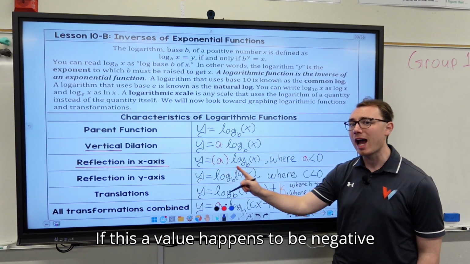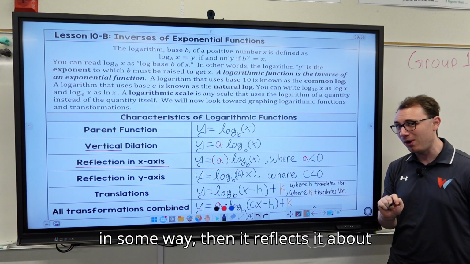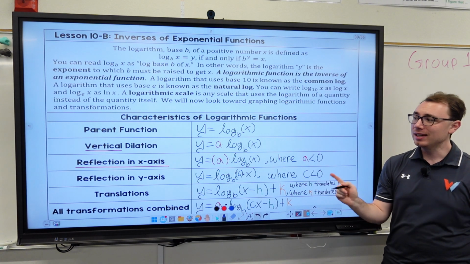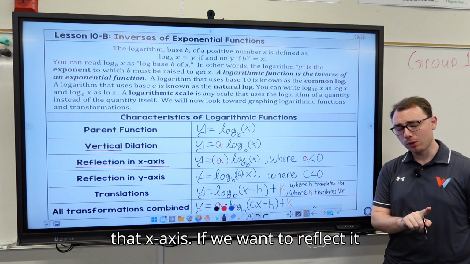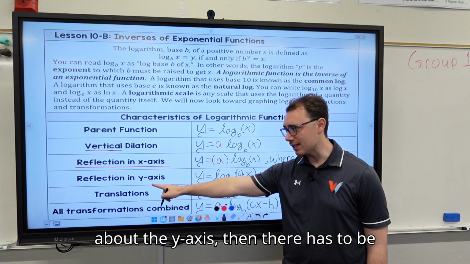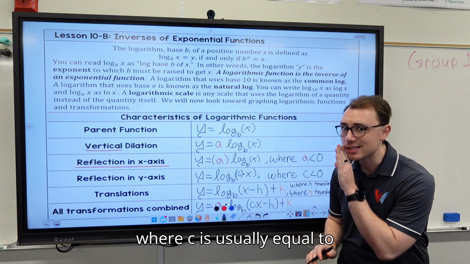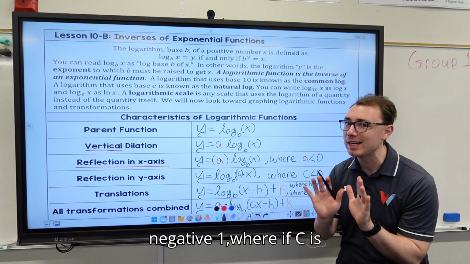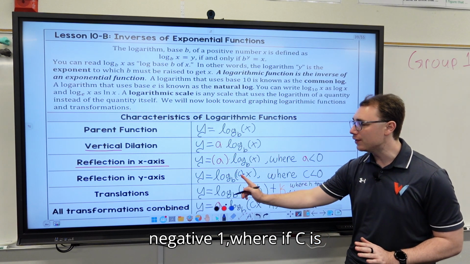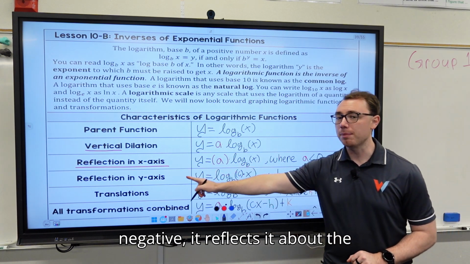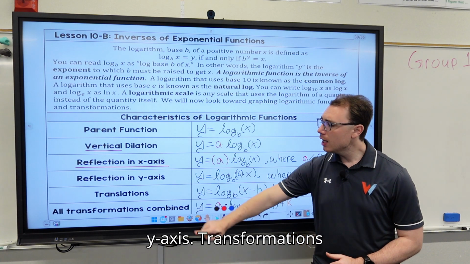If this a value is negative, it reflects about the x-axis. If we want to reflect about the y-axis, there has to be some c value in front of x, where if c is negative, it reflects about the y-axis.